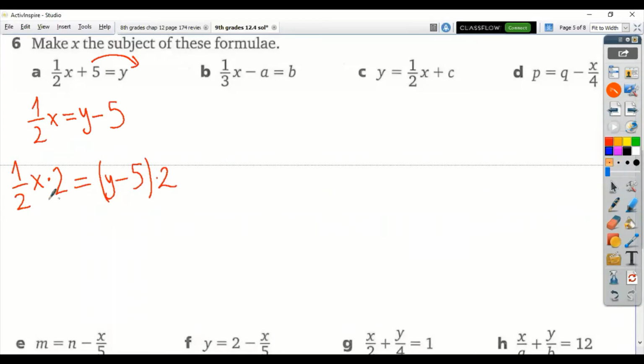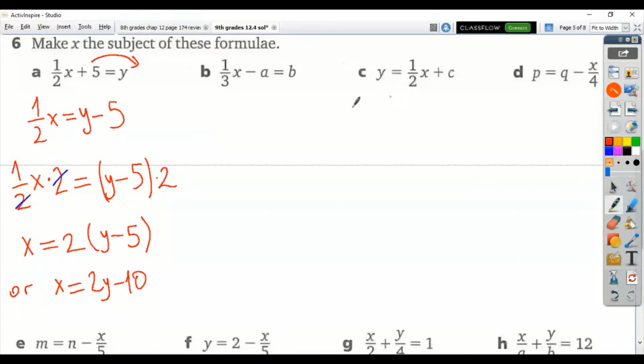On the left side, the 2's are canceling each other. And x is isolated on the left, and on the right side we have 2 times y minus 5 in parentheses. You can leave the result like this, or you can distribute 2 over the parentheses and write 2y minus 10.